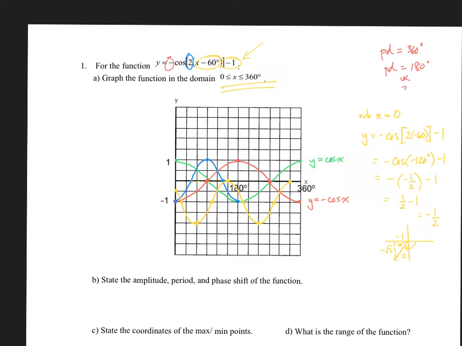Or I know that there need to be 2 exact cycles that fit between 0 and 360. And so I'm not going to get a part of a cycle. I'm going to get 2 exact cycles. And so if my graph starts at negative 1/2, then it must end at negative 1/2 exactly.